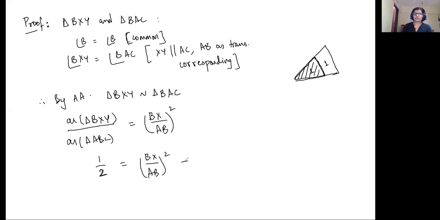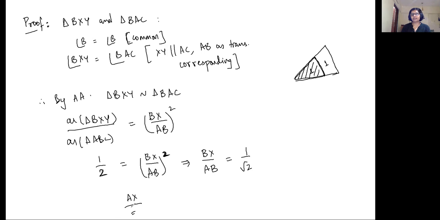Okay. Which means that from here, can you find out what is BX upon AB? Ma'am, AB is equal to 2BX. It's a square, don't forget about this. Yeah, 1/2, so BX upon AB is 1/√2. But we need AX upon AB.